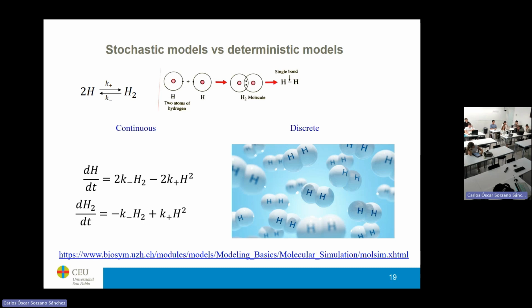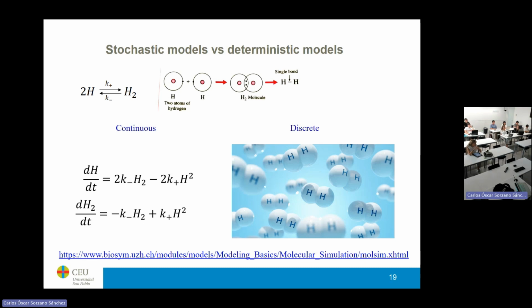So we have a nitrogen molecule. The molecule is made of 2 hydrogen atoms. So we may write the chemical equilibrium in this way. We can have 2 hydrogen atoms that, with some constant rate, go to form the molecule, but then the molecule also dissociates into the original 2 atoms.